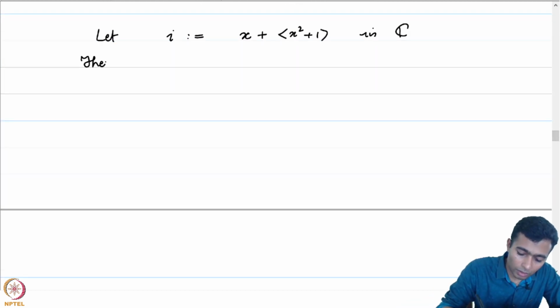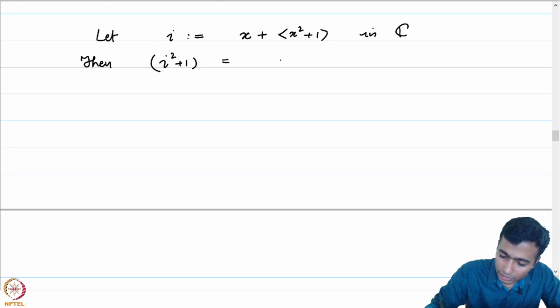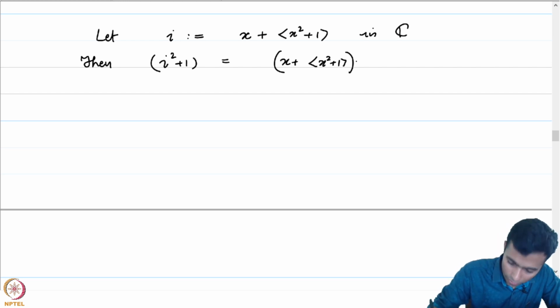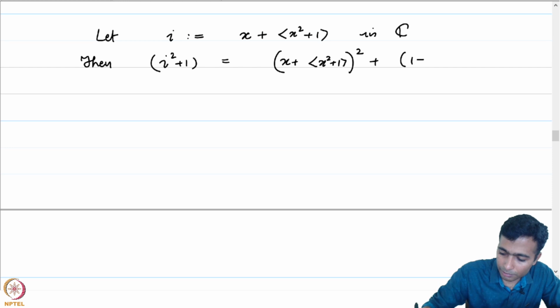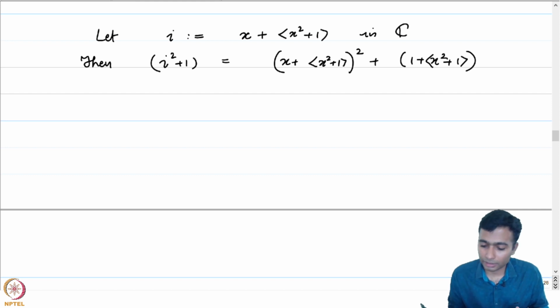Then what is I square plus 1 in C? I square plus 1 will just be x plus x square plus 1, squared, plus 1 plus x square plus 1. This is what it means to look at I square plus 1 in C, right? This is equal to this.